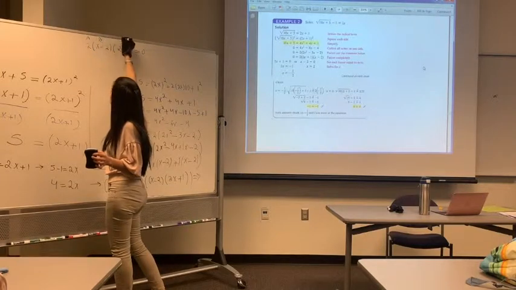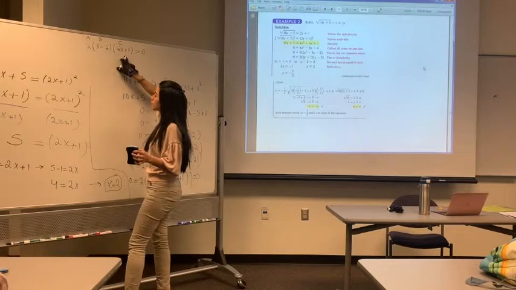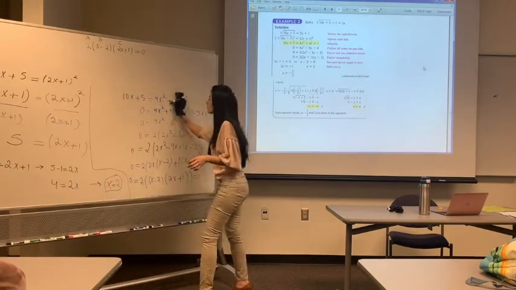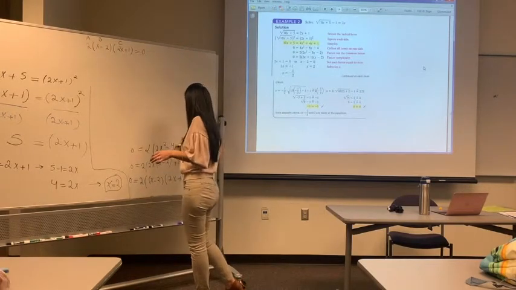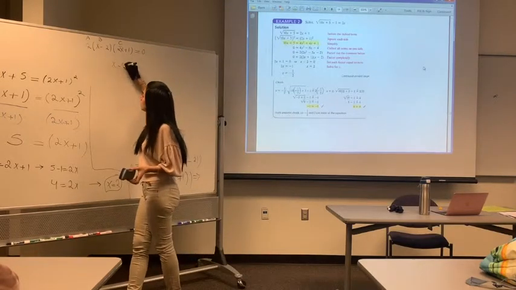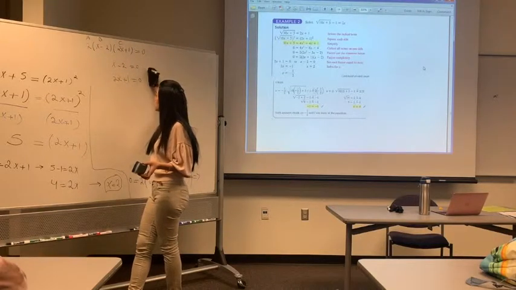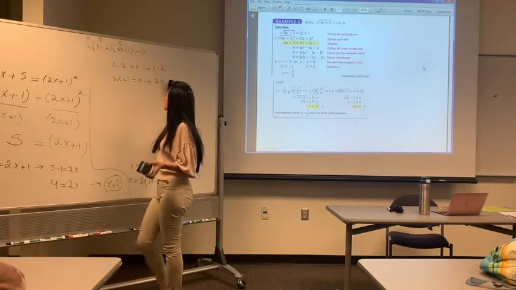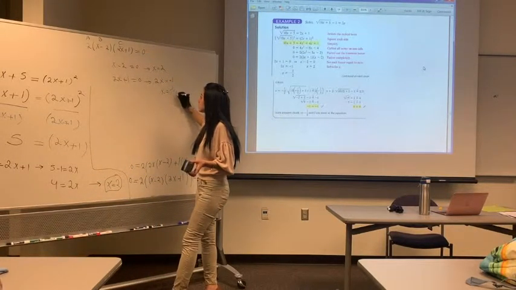A times B times C. Definitely this one is not 0, but either this one or this one should be 0. So x minus 2 equals 0, 2x plus 1 equals 0. x is equal to 2, 2x is equal to negative 1, x is equal to negative 1/2.